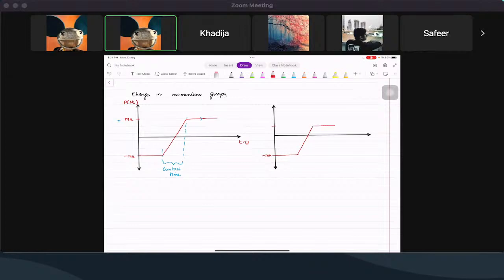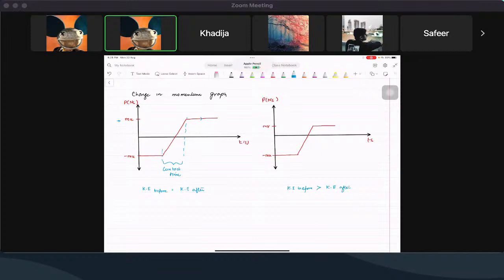So what we need to understand is that this graph shows the case where the kinetic energy before is equal to the kinetic energy after, but here the kinetic energy before is definitely greater than the kinetic energy after. Do you guys understand? That's why its velocity is different and smaller.